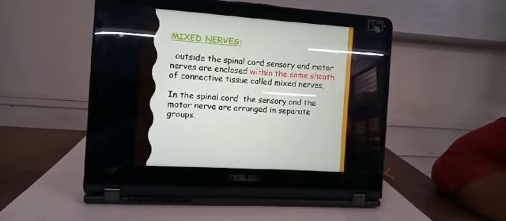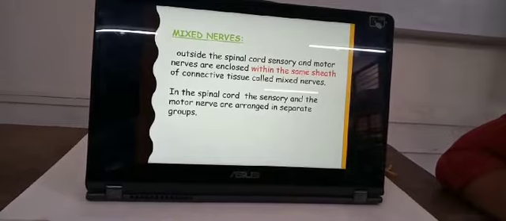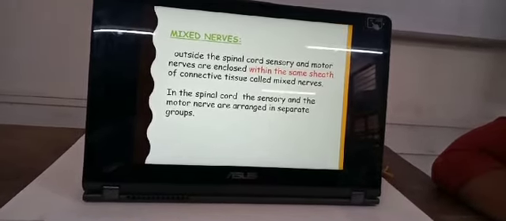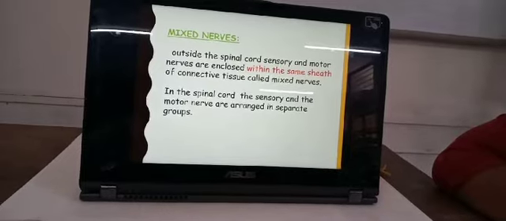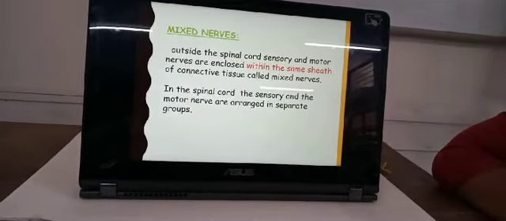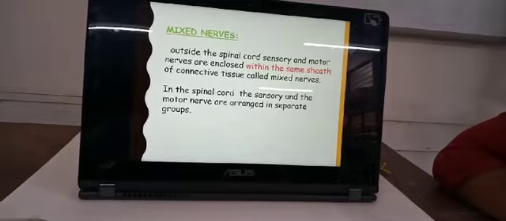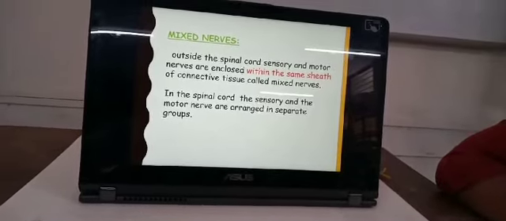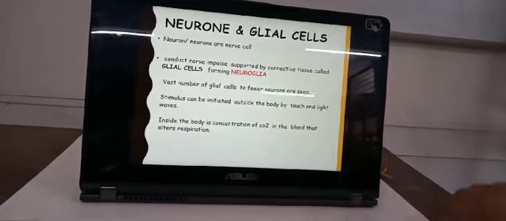But once it is outside the spinal cord, the sensory and the motor nerve are enclosed within the same sheath of connective tissue and they are called as mixed nerves. In the spinal cord, the sensory and the motor nerves are arranged in separate groups.